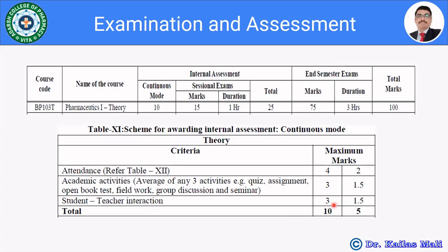So total 10 marks are allotted to the continuous mode assessment, which comprises your attendance, then academic activity and the student teacher interaction. Furthermore, final exams are carried out for 50 marks, and the end semester examination is for 100 marks.